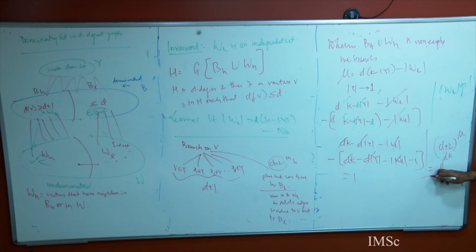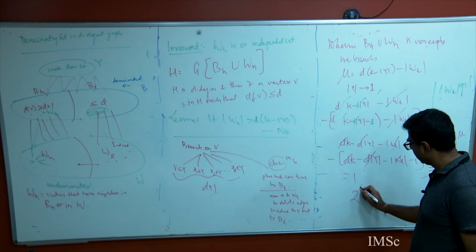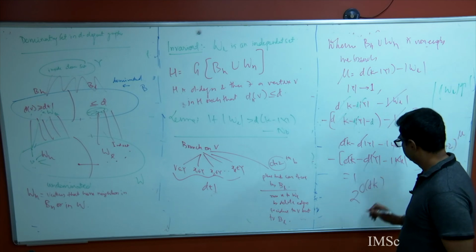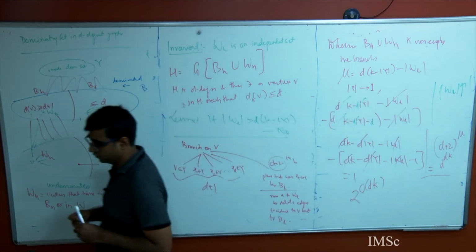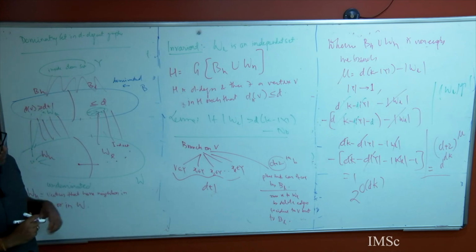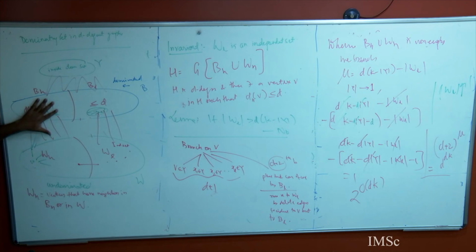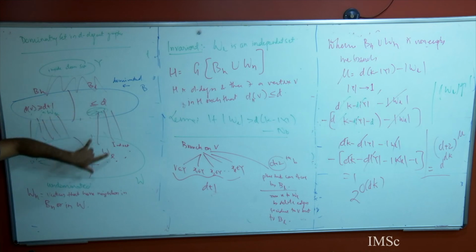That's bad, but if we analyze correctly, this is not a good analysis. This will run in time 2 to the power big O of dk. So this is correct, but what happens when this is empty? How do we handle this case? I have to solve the problem optimally when there is a BL and there is a WL.